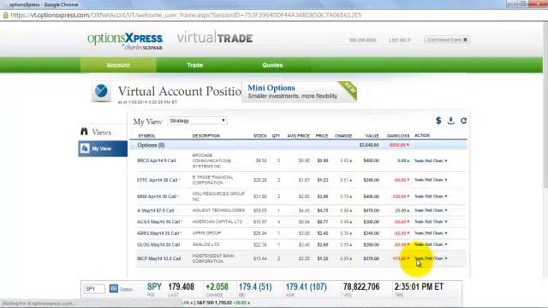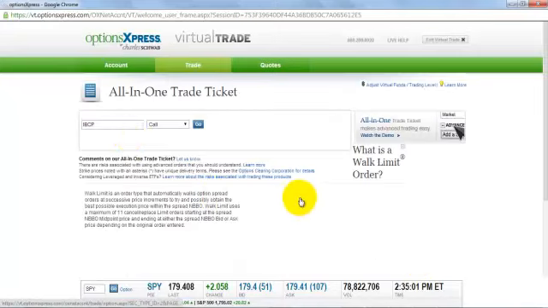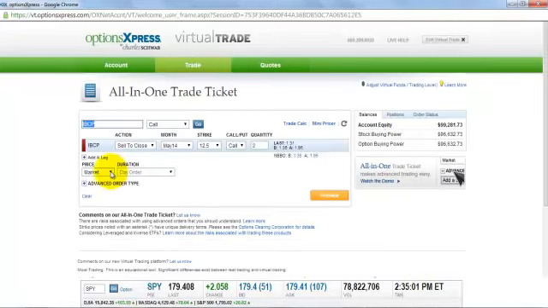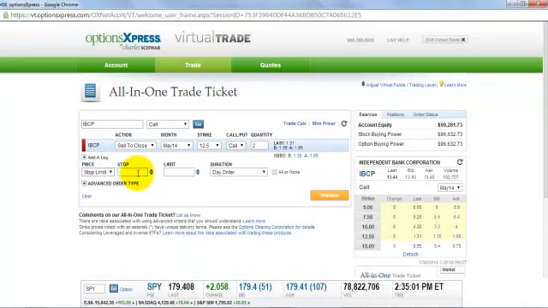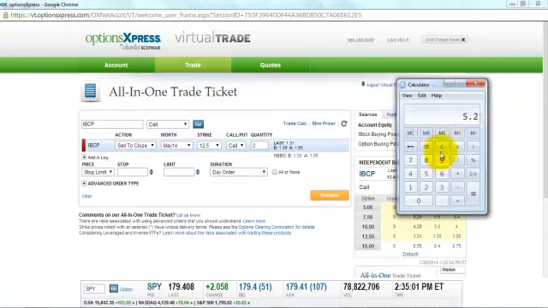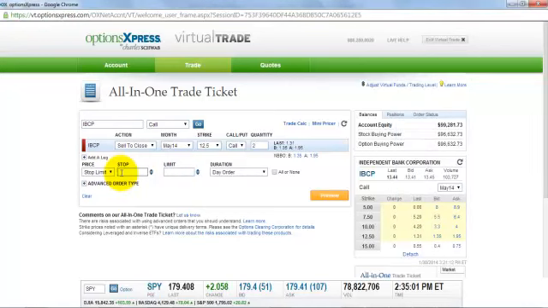So I'll go to trade, and from trade I'll go to stop limit. Okay, and for my stop, because I bought it for $2.20, I want to risk just 50%, so divide by 2, which is $1.10. Okay, so for my limit, I will double what I want to make back.